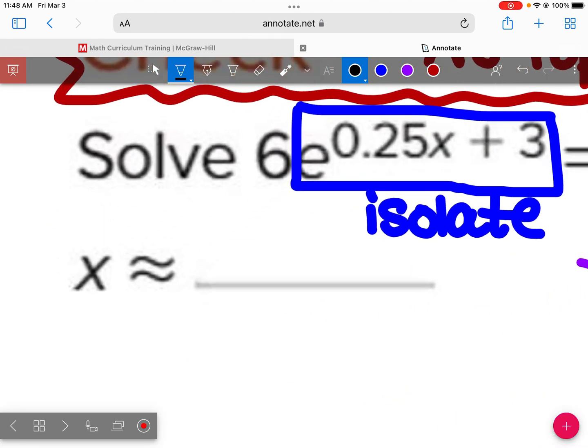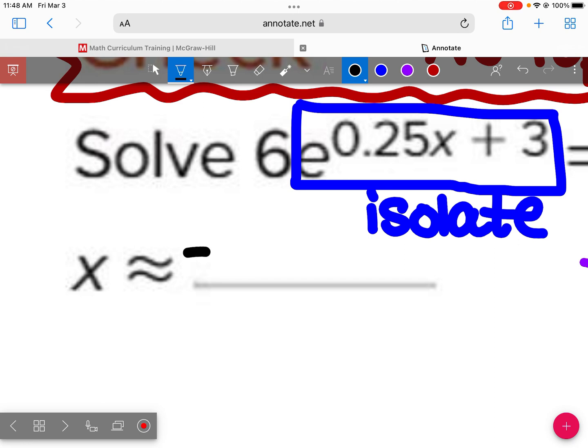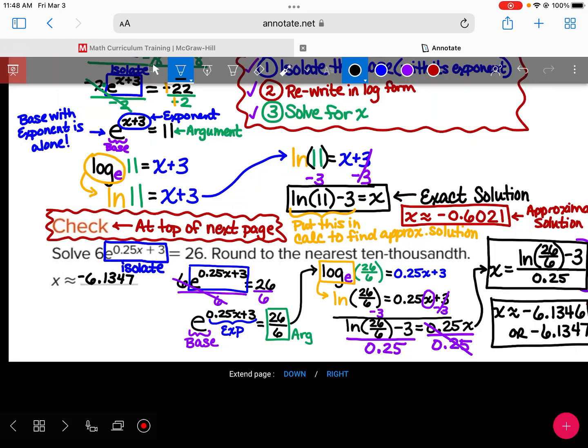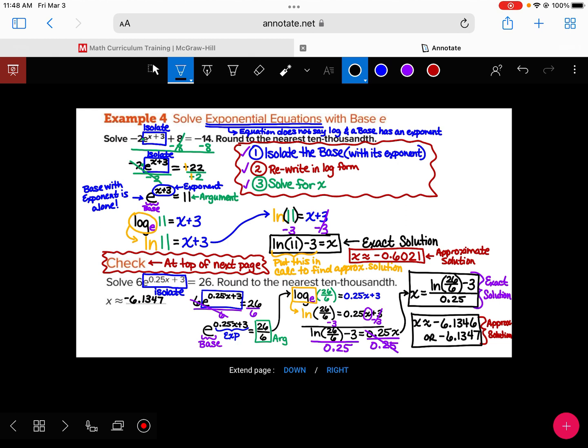So over here where they had the squigglies, negative 6.1347. Because they had the squigglies, they had the approximate there. Do you guys have any questions for me about this? Isolate the base, rewrite it in log form, solve for x.